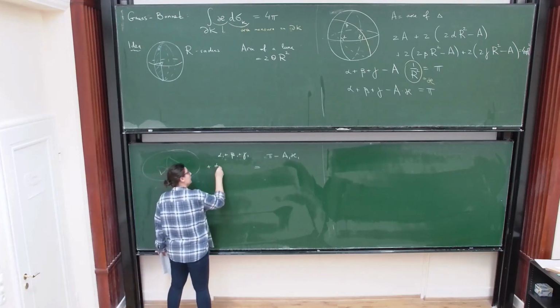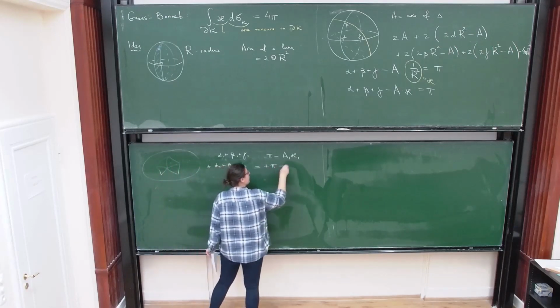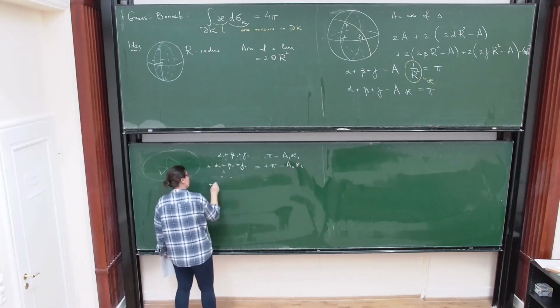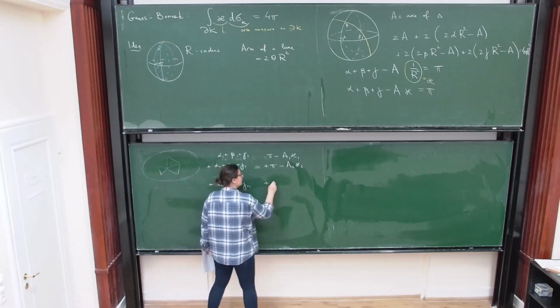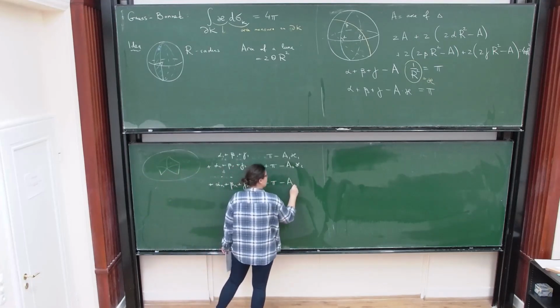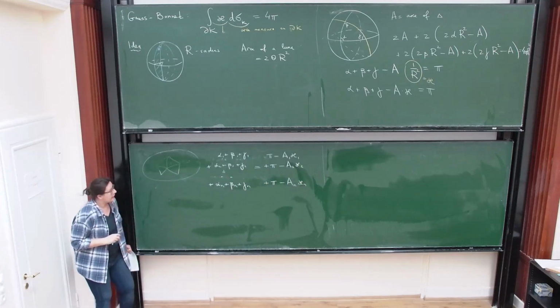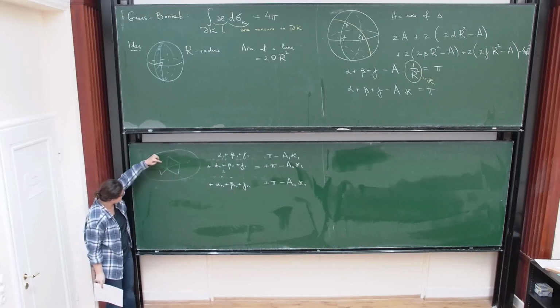So alpha 2, and here I have then minus kappa.